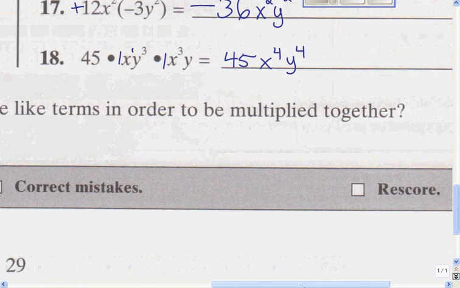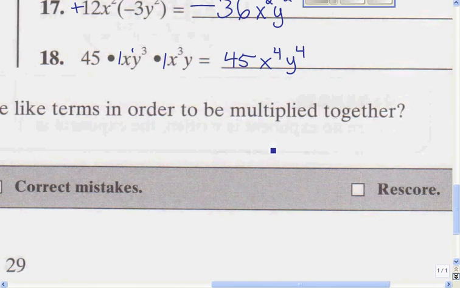Actually, I pointed that out at the very beginning, that the rules for multiplication are different than the rules for addition of monomials. Okay, remember that. For you to be able to combine monomials in addition and subtraction, the monomials have to be like terms. For you to be able to combine them in multiplication, it doesn't matter if they're like terms or not. All you've got to do is just multiply and add the exponents of like variables.